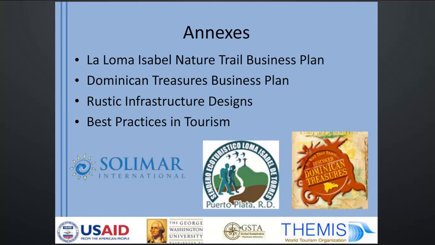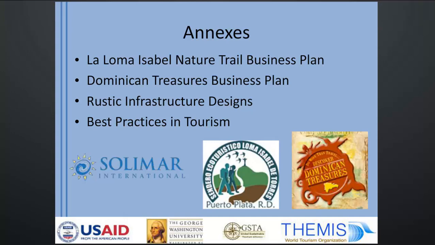The annex of the business planning toolkit includes a couple of business plans that are actually referenced throughout the units themselves, but includes that information in its entirety at the end.